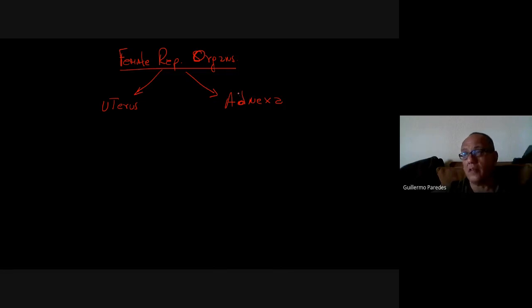So, what is adnexa? The adnexa are going to be the ovaries and the fallopian tubes. So when you have an inflammation of the ovaries or inflammation of the fallopian tubes, that can in general be called annexitis.